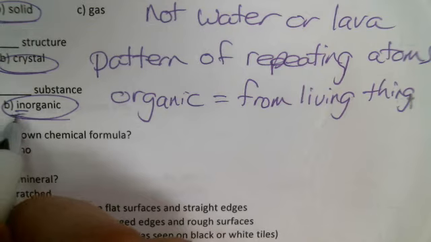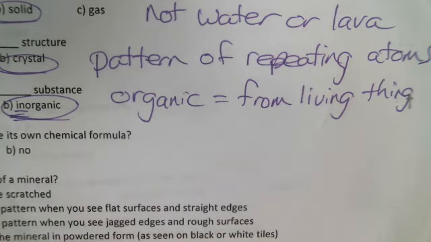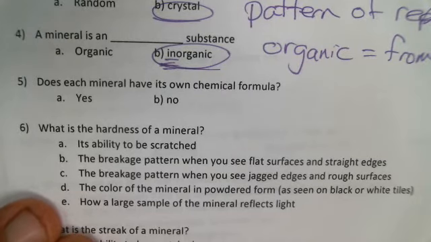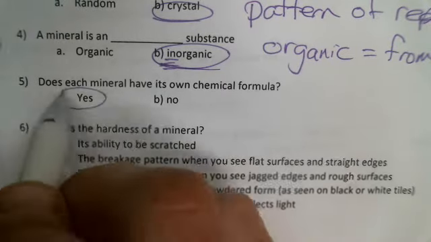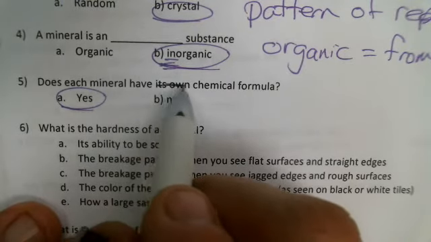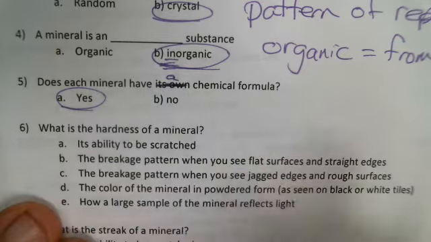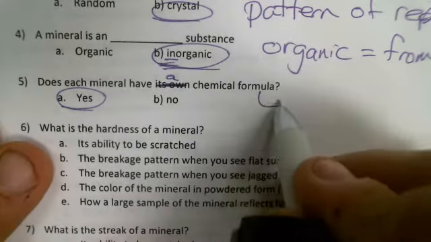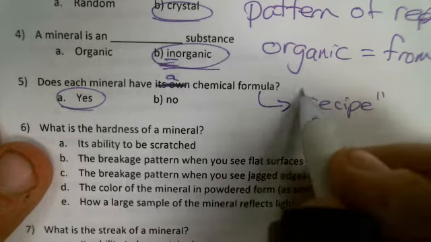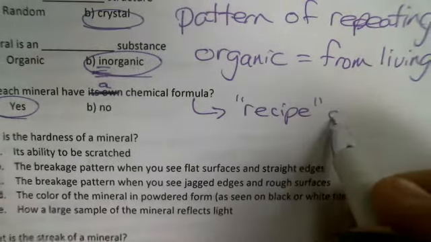The IN means not. Number 5, does each mineral have its own chemical formula? And the answer is yes. Perhaps I shouldn't say its own. Perhaps I should just say a chemical formula. And a chemical formula, that is a recipe of sorts. It's a recipe of atoms.